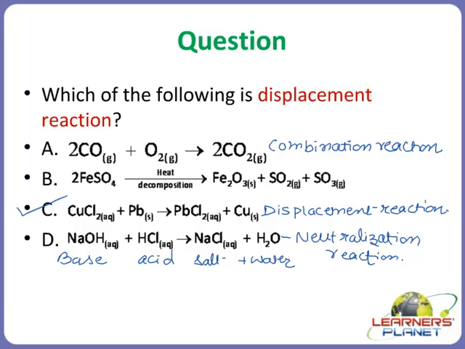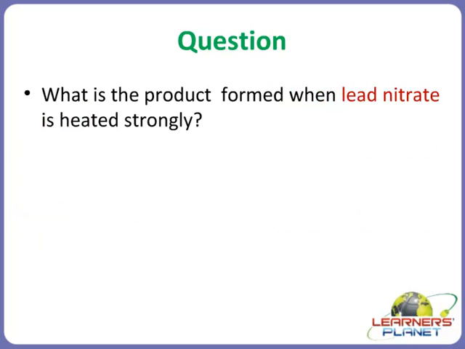Let's take up the next question here. What is the product formed when lead nitrate is heated strongly? Can you suggest the formula of lead nitrate? What is the symbol for lead?